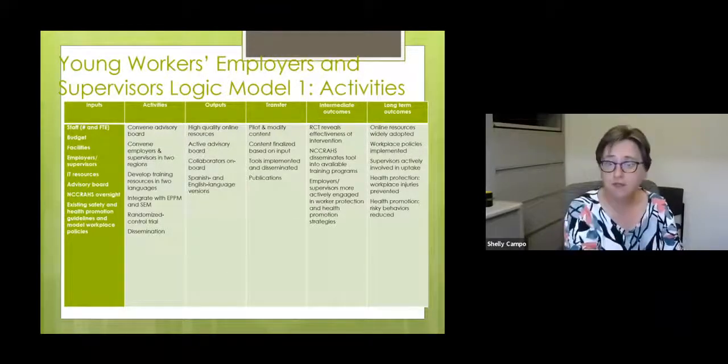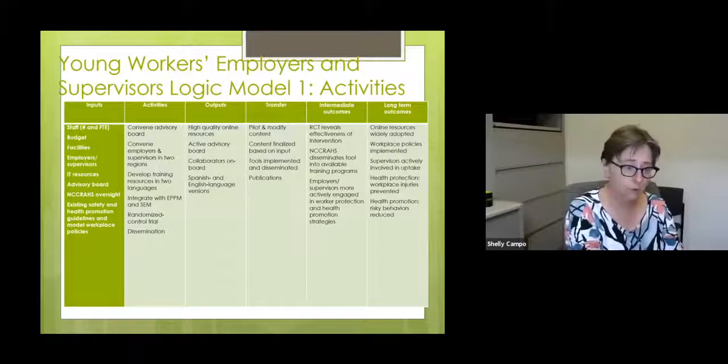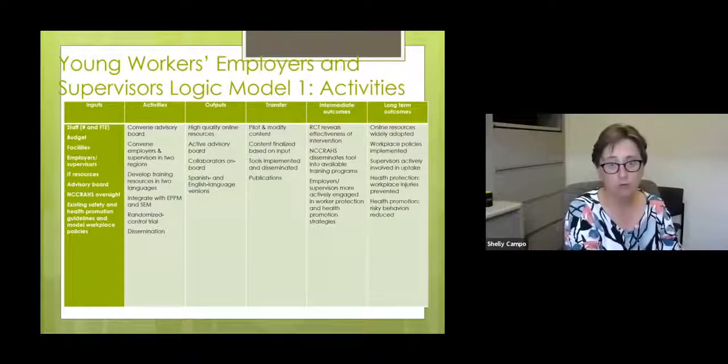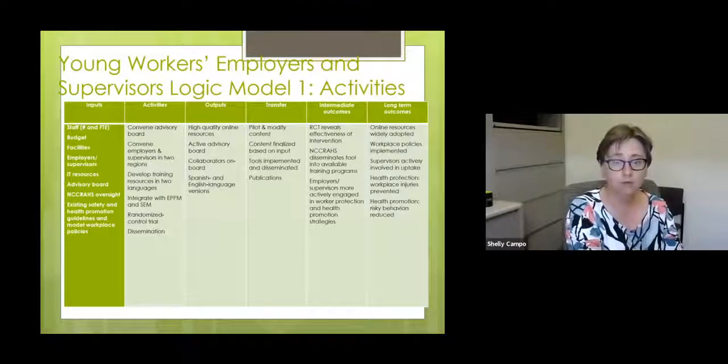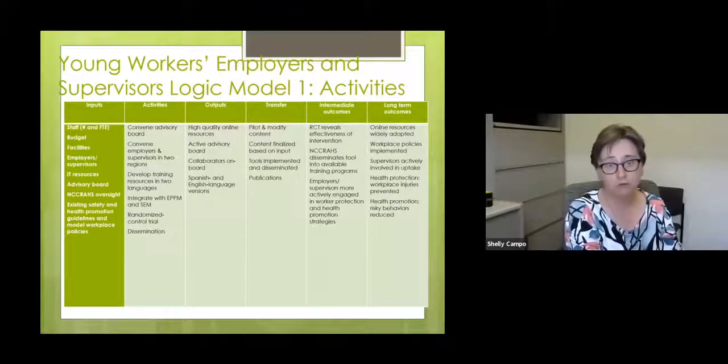And the agency asked us to lay out what resources we had available, what the activities were we thought would actually be helpful, what our outputs of those would be, how we would transfer the information, so thinking about dissemination and so forth. And then what we think the intermediate and long-term outcomes of our project might be. So this is, again, a framework of one way in which to think about it.